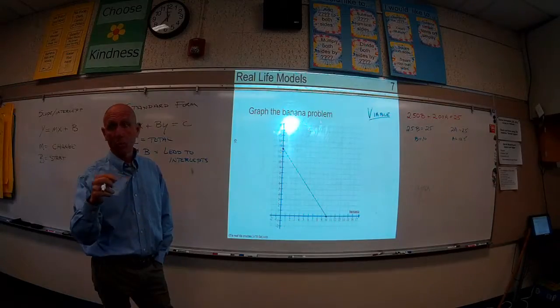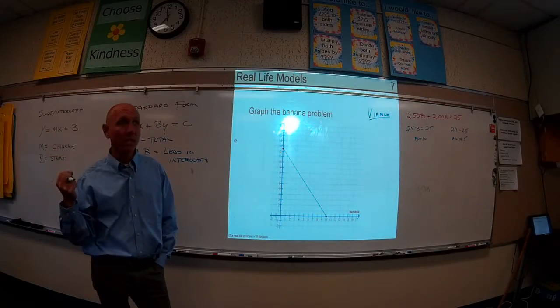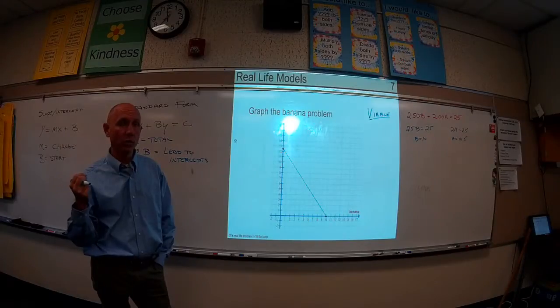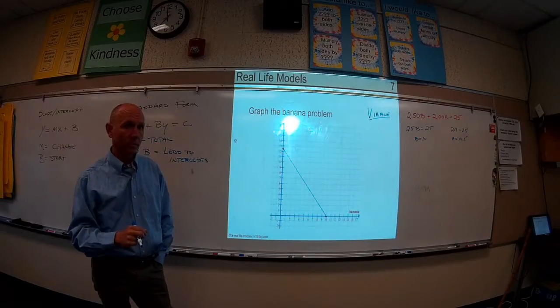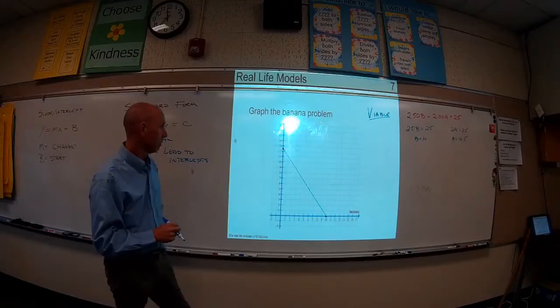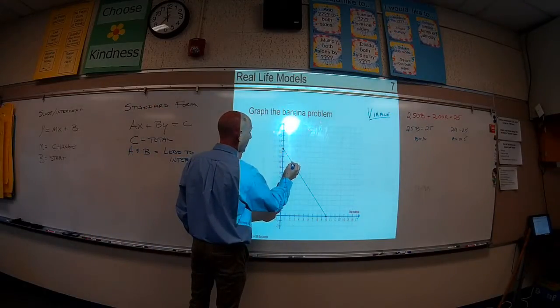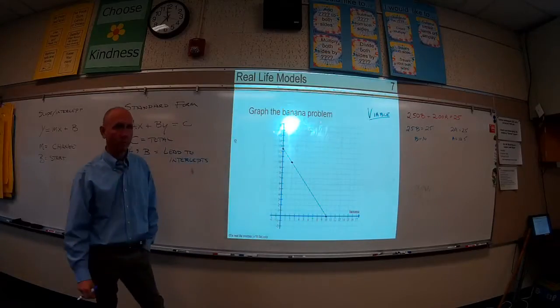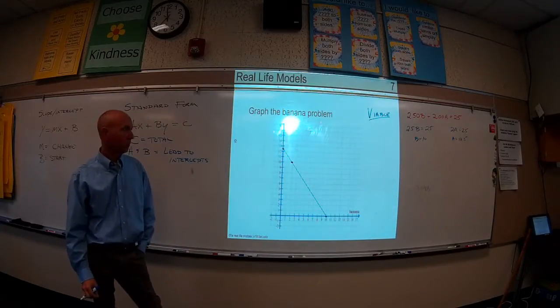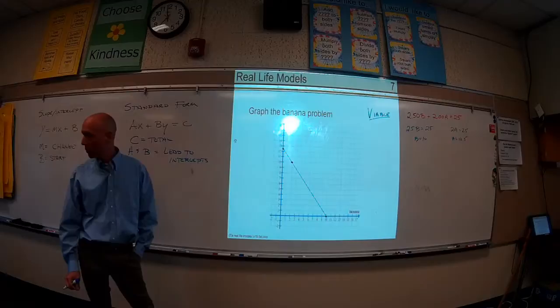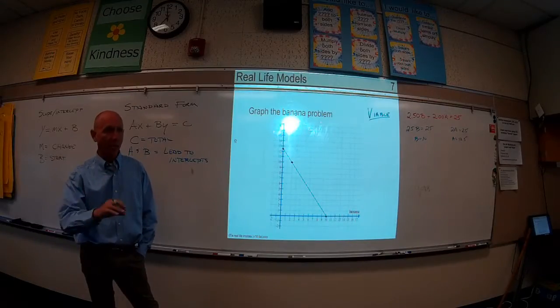If you look at your graph paper, you should be able to see at least two. I think there are 3 viable solutions for this. Presley? So the bananas would be 2, and then the apples 10. 2 comma 10. That's a viable solution. It actually works, assuming we can't go fractional.